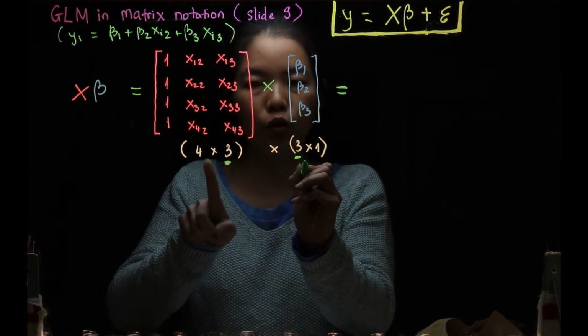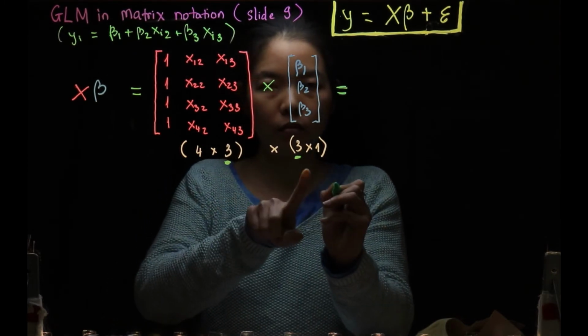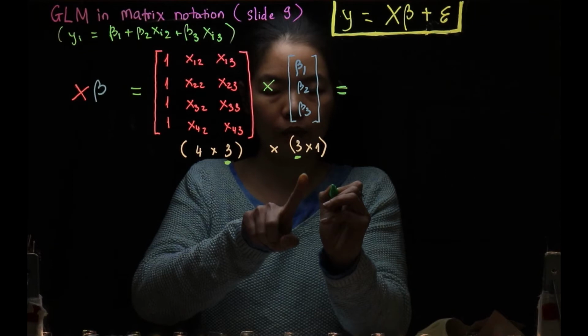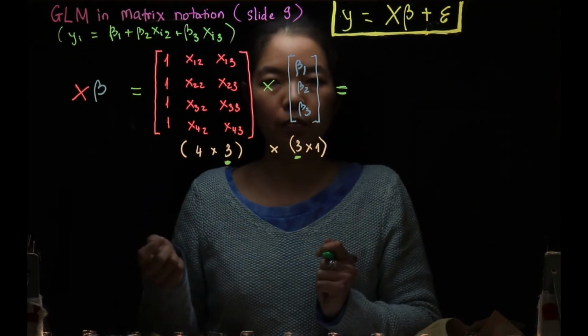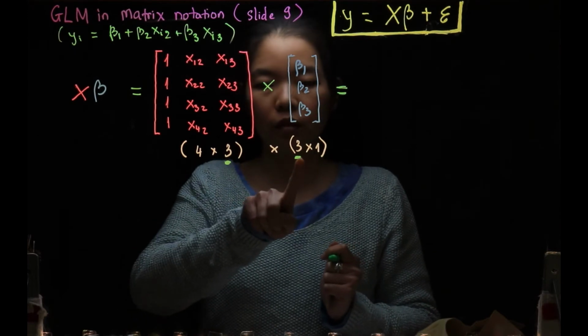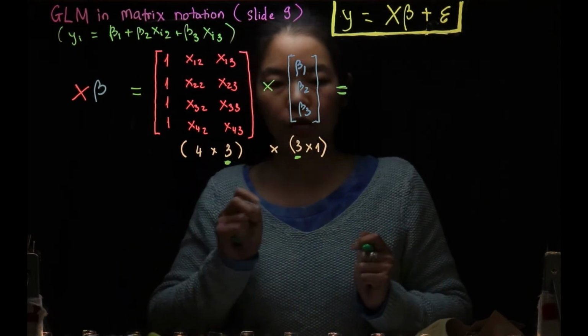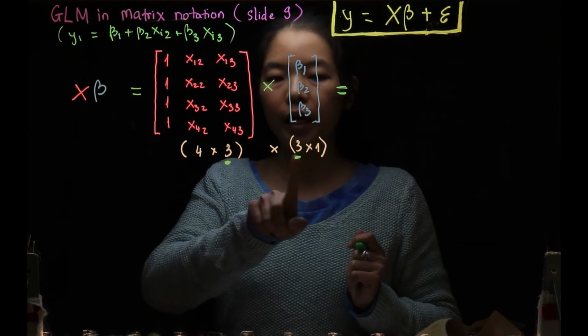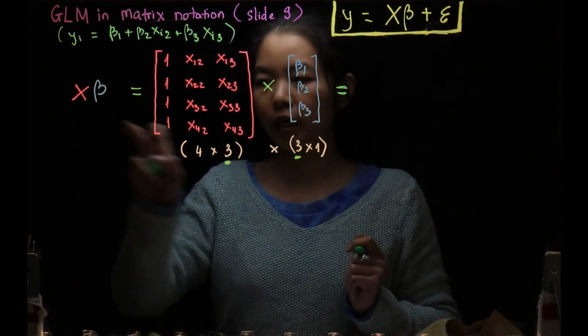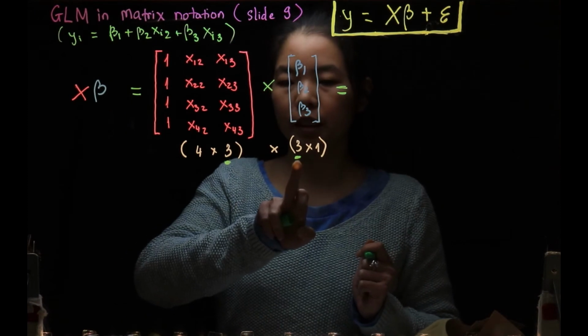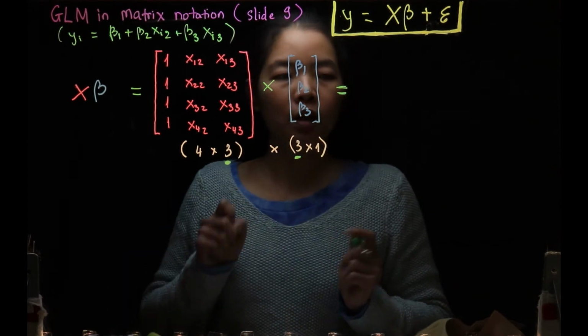Otherwise, you cannot multiply one by the other in this order. If you switch the order of the matrices, maybe it's possible. But if they are not the same, then it is impossible. That is why it is possible here, because the number of columns in X is 3, and the number of rows in beta is 3, the same.